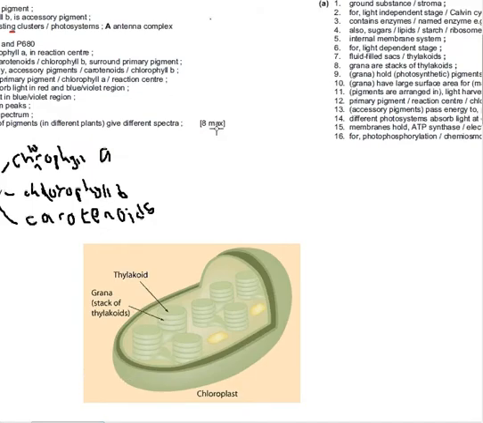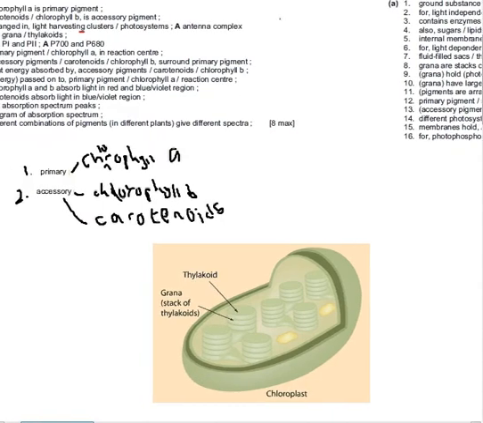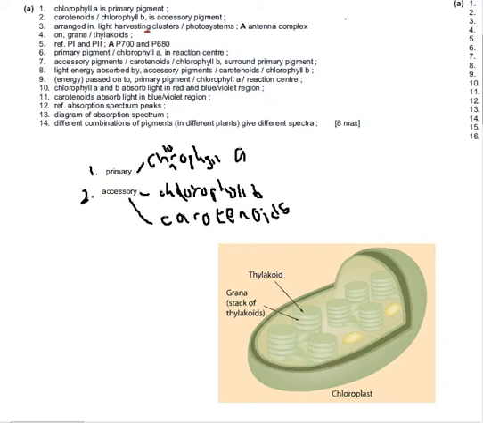So normally these pigments we mention over here, they are normally found in thylakoid region over here. Okay, they are found in thylakoid region, and they are in photosystems.